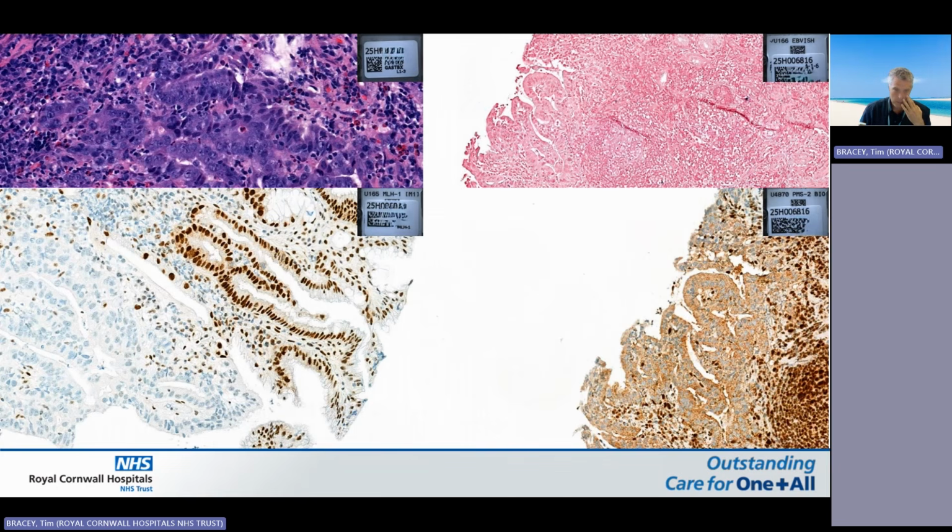You can't just do a BRAF stain like you can in colorectal cancer because the sporadic ones don't have BRAF mutations. So you need to send these away for MLH1 methylation testing, which they almost invariably are hypermethylated. But that's something you can do at a later stage. There's no rush to do that in an elderly patient, but it is obviously important. You will occasionally get Lynch syndrome patients diagnosed this way.